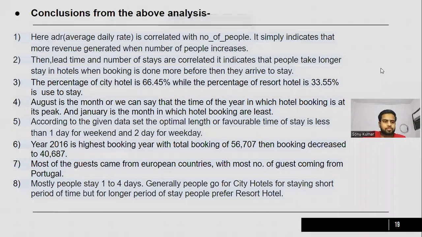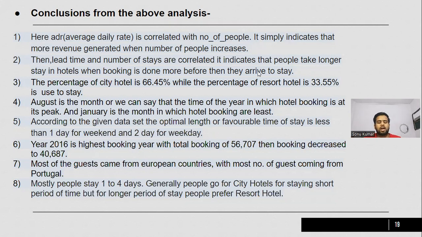So, the conclusion from the above analysis. In the first slide, we saw the correlation between the data: average daily rate is correlated with the number of people. It simply indicates that more revenue is generated when the number of people increases.